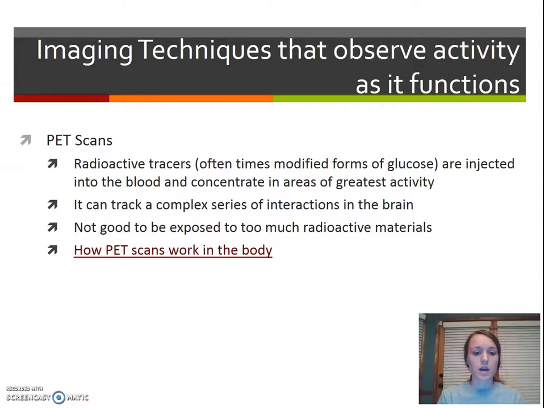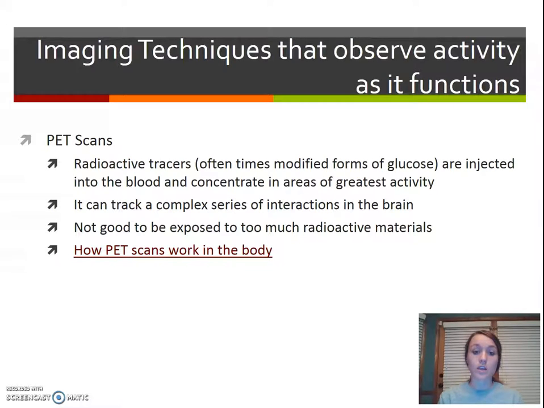So what the PET scan does, it stands for positron emission tomography, and it works in a way where they will inject radioactive tracers, which is just radioactive glucose or radioactive sugars, into a vein in your arm, and it'll go into your bloodstream, and it will pool and collect in places where a lot of glucose is being used, or where there's activity happening.